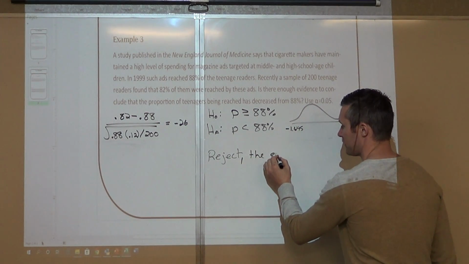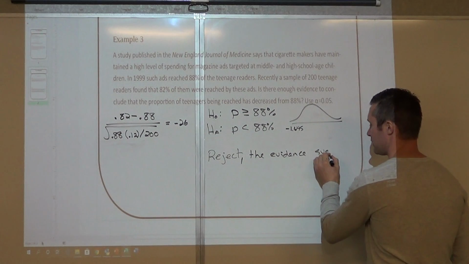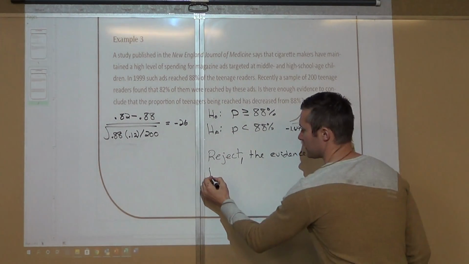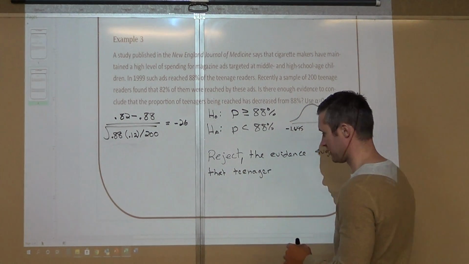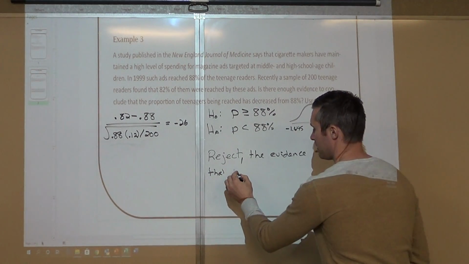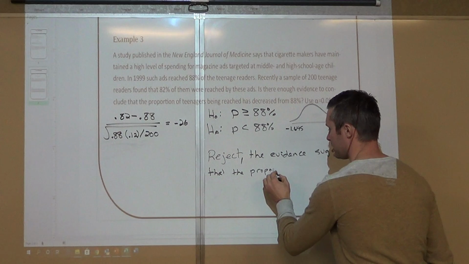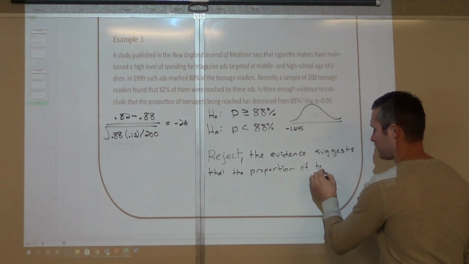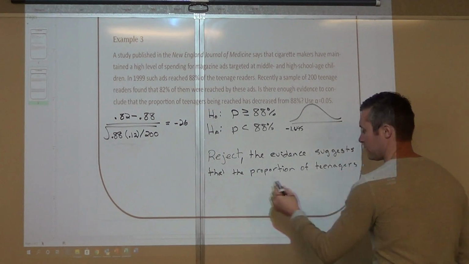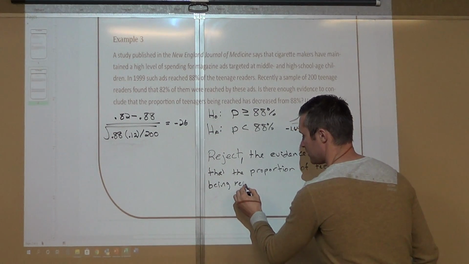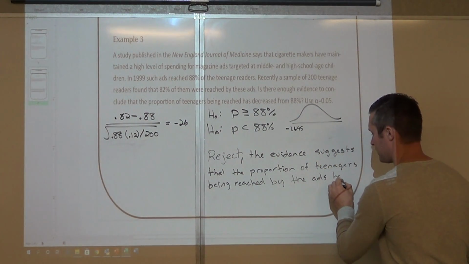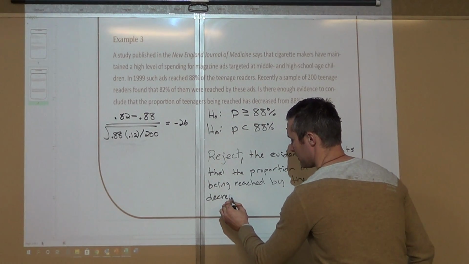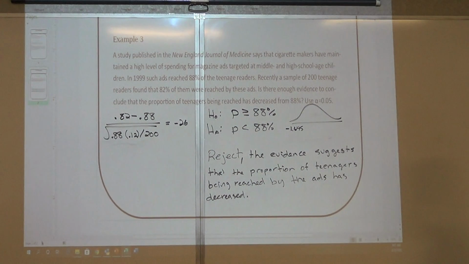So the evidence, we'd say yes, this is the case. The evidence suggests that the proportion of teenagers being reached has indeed decreased.